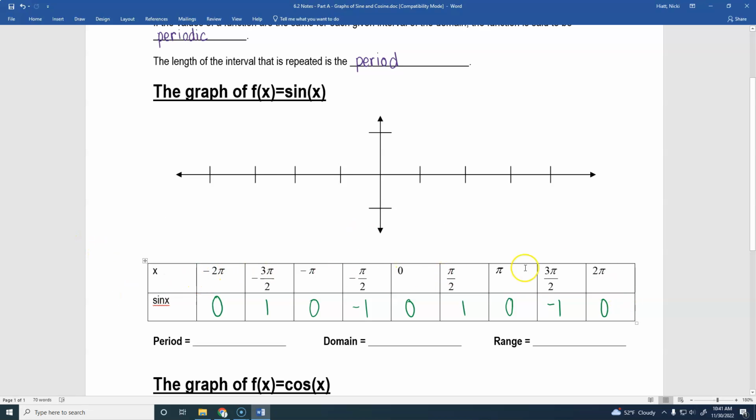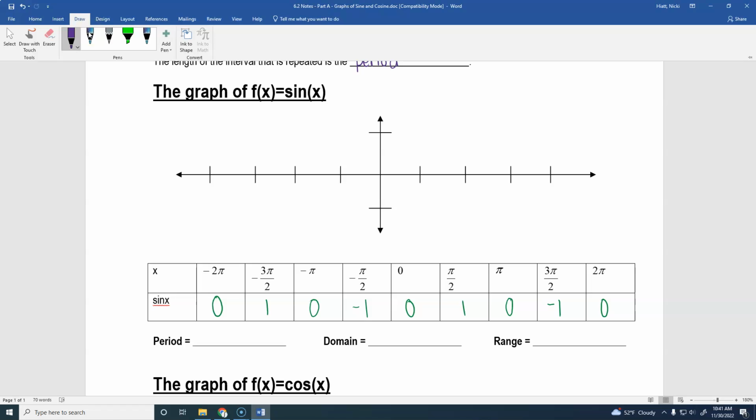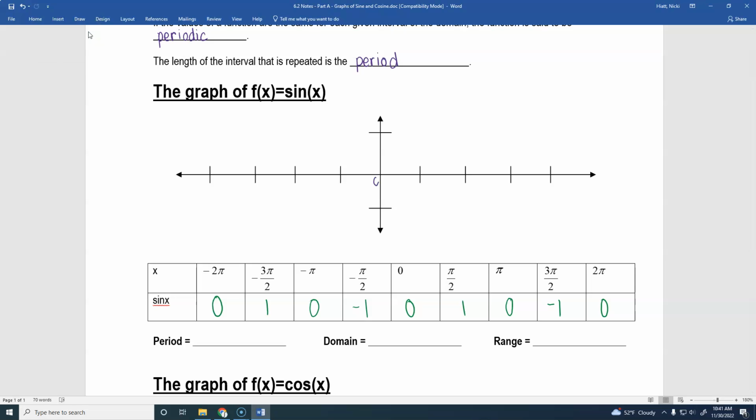So these numbers here are going to go on our x-axis. I'm going to explain just a little bit further exactly what this is. If I have 0 right here, and if I make this pi over 2, it seems a little odd to do 0, pi over 2, pi, 3 pi over 2, 2 pi. Those seem sort of unrelated, but they are not.